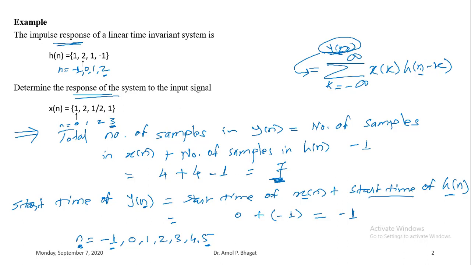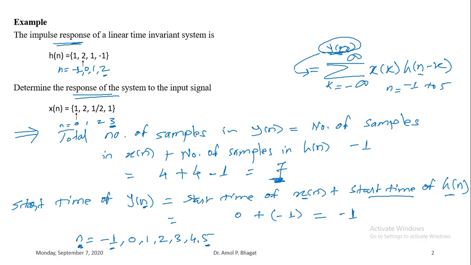When n equals 1, it will be h of 1 minus k. Similarly 2 minus k, 3 minus k, 4 minus k and 5 minus k. So n will be replaced with values from minus 1 to 5.